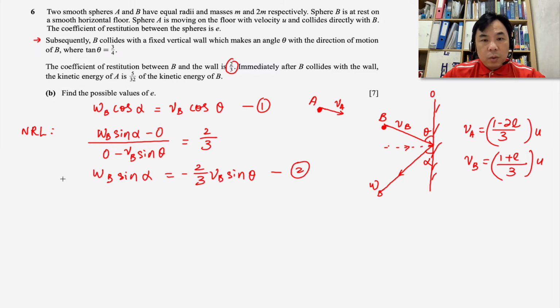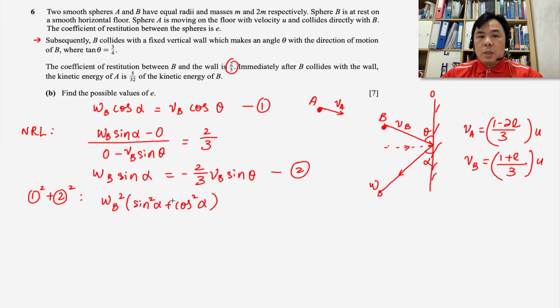To solve this, I would tend to apply the trigonometric identity, squaring the first and second equations and adding them, so that I can get rid of the sine squared here. I will get W_B squared. Inside there is basically just sine squared alpha plus cos squared alpha. I think most of you know this identity.